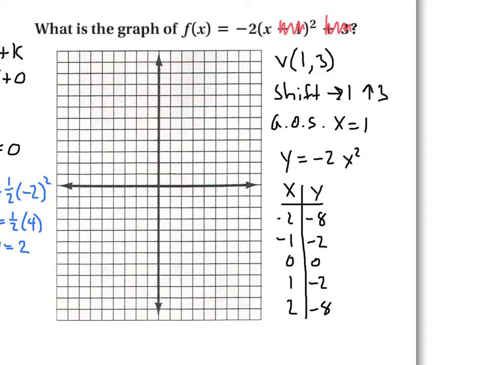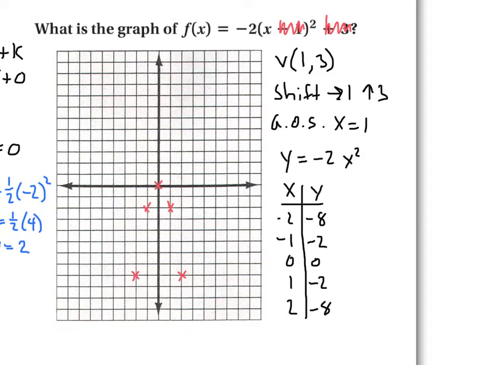Now we want to graph this, but we do have a shift. So I've got to graph this before the shift with little x's. I go left 2, down 8. 2, 4, 6, 8 is right there. Then I go left 1, down 2. I have a point at 0, 0. Right 1, down 2. Right 2, down 8.